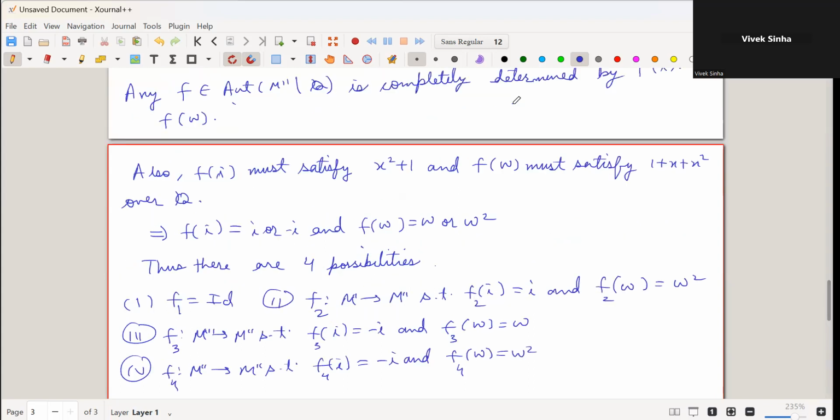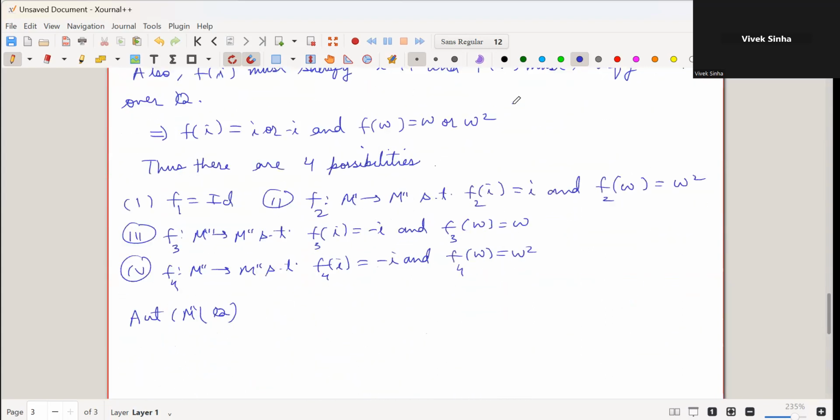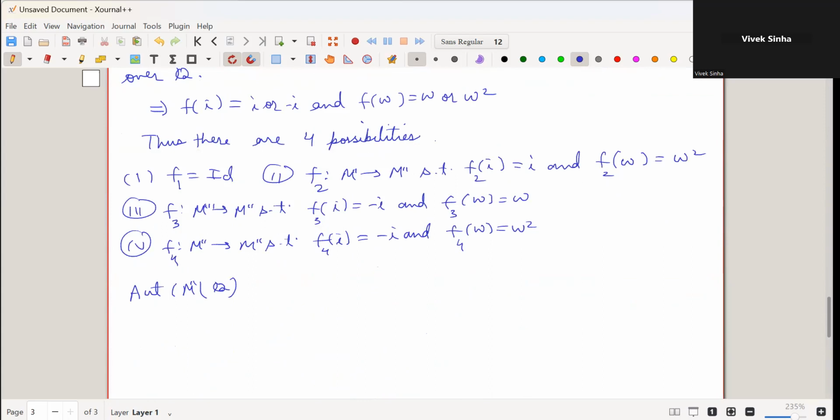So it has four elements, and they are identity map, F2, F3, and F4.